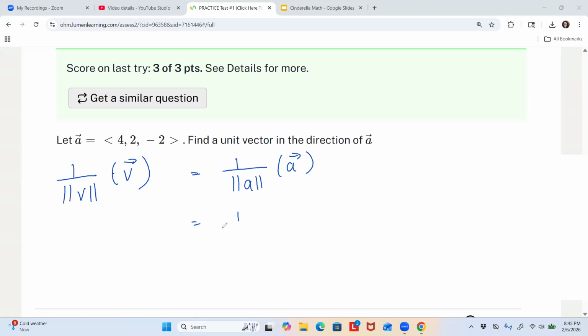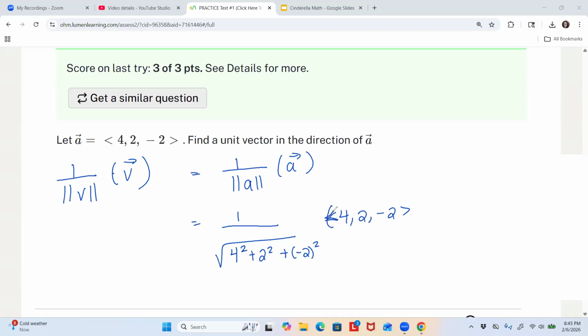All right, so that's going to be 1 over square root. Remember, magnitude or length or distance is the square root of each component squared. So we're going to have the square root of 4 squared plus 2 squared plus negative 2 squared, and then we're going to times that by vector A, which is 4, 2, negative 2.